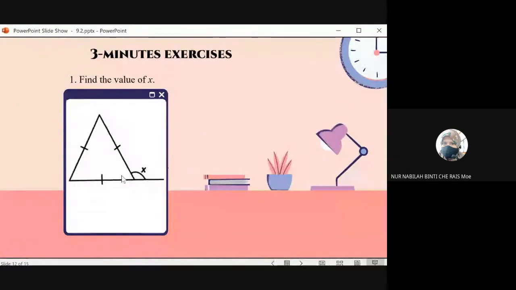An equilateral triangle has all interior angles equal to 60 degrees. Now we want to find x. So x is located on a straight line, right? So x equals the straight line 180 minus the inside angle, which is 60. So you get x equal to 120.